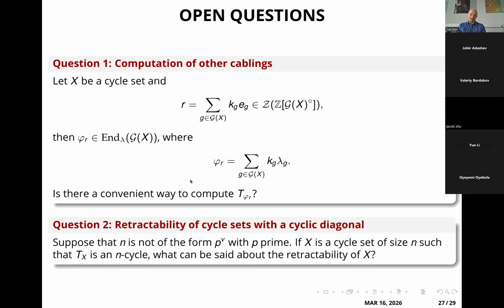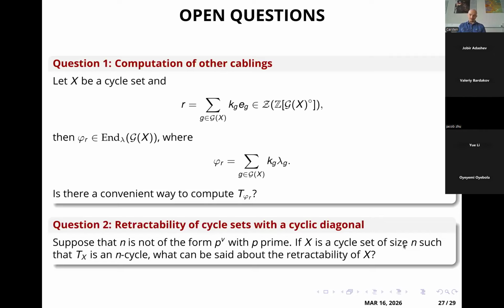So maybe it makes sense to actually answer this question first if n is odd. And the problem is I cannot even state this as a conjecture, because the first case that you have to understand has to be of size p squared times q, because there's a theorem of Cedó and Okniński that says if n is square-free, then X is retractable either way.